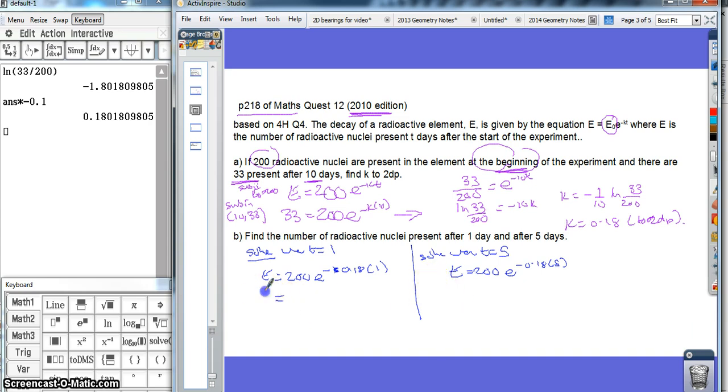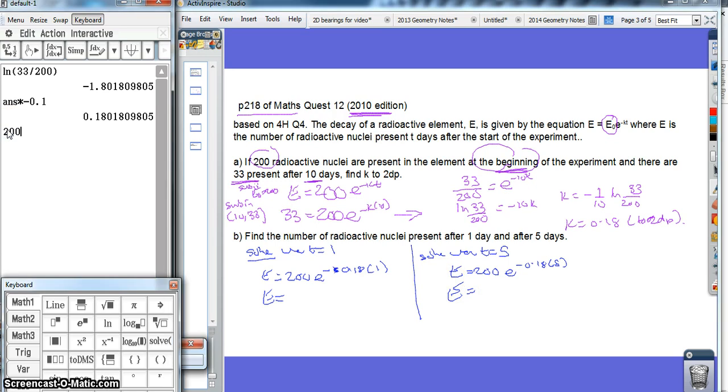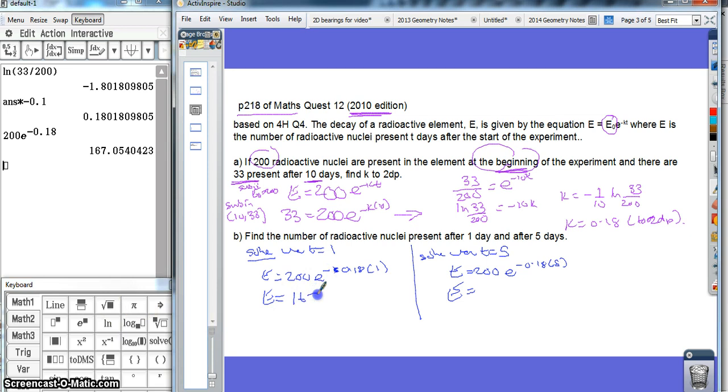So we've got a value here, E equals 200 e to the negative 0.18 times 1, so that's going to be 167.05, or 167 to the nearest nuclei.